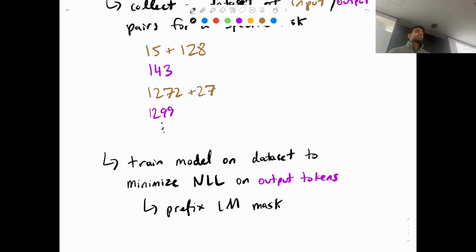So if you'll notice here, we've basically changed nothing about the pre-training setup. We have just modified the data, and we're also not computing a loss on some of the tokens. We're not going to compute a loss on any of the prompt tokens, just the response, the output tokens. Does that make sense?